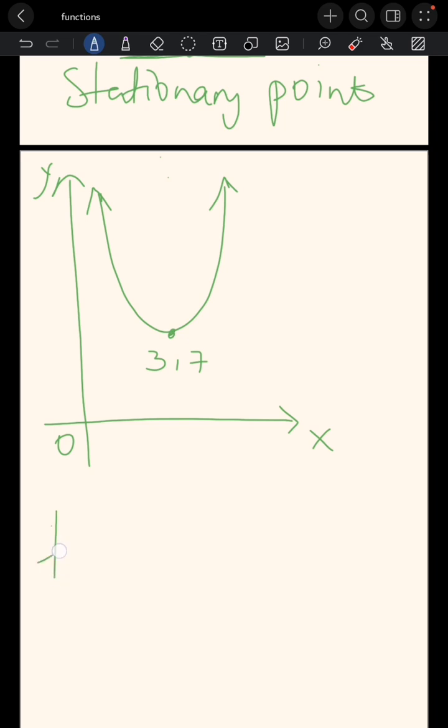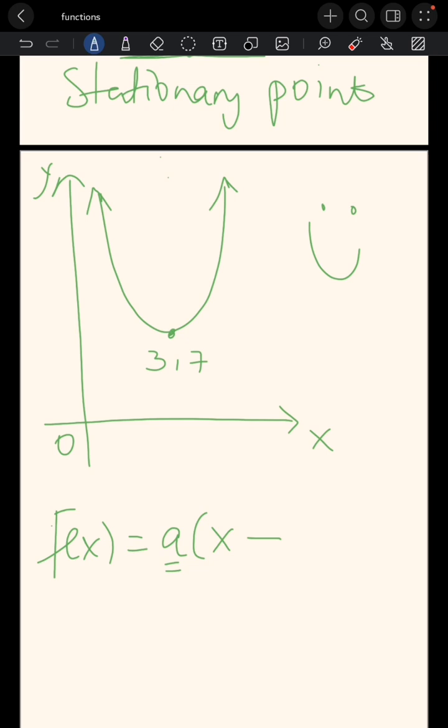So we have f of x is equal to a, and a is going to be positive because this graph is looking upwards, it's a smiley, and we have (x minus 3) squared plus 7.